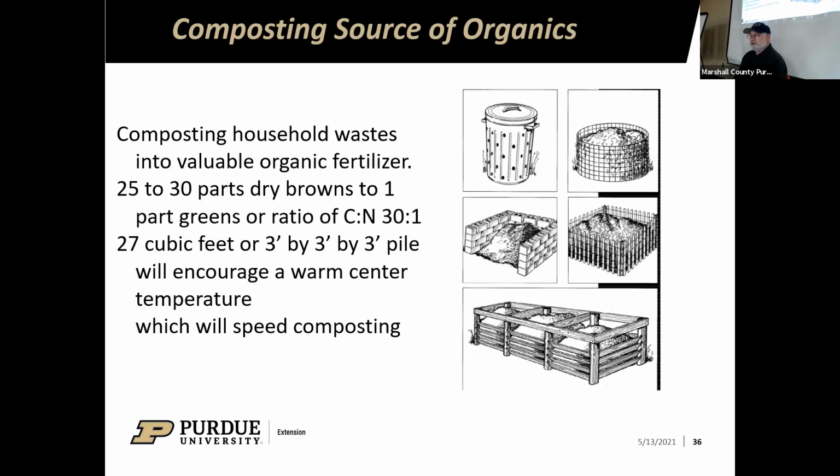Then having the right moisture. We want it to be the consistency of a wrung out sponge. Moisture present, but not saturated. An anaerobic system of composting would actually put out odors. And then we want proper aeration, so it's an active, aerobic process, not an anaerobic one.